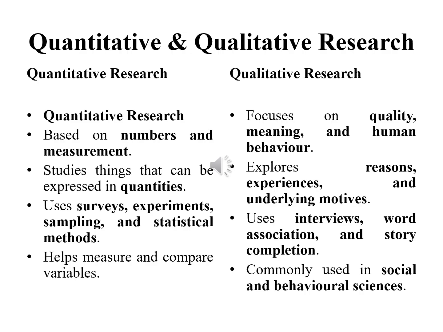When we are able to calculate averages and percentages, that study is called quantitative research. Quantitative research always gives the data in numbers. It uses measurement, surveys, experiments, and sampling, with statistical methods for its analysis.